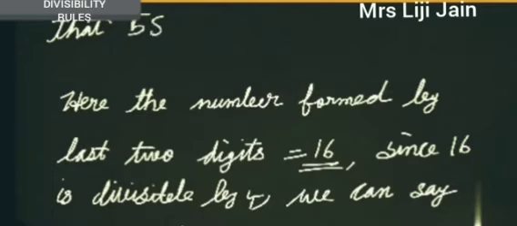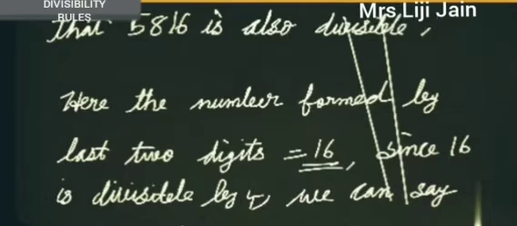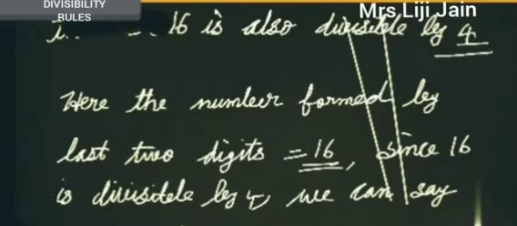I think so, isn't it? 5816 is also divisible by 4. Is also divisible by 4.